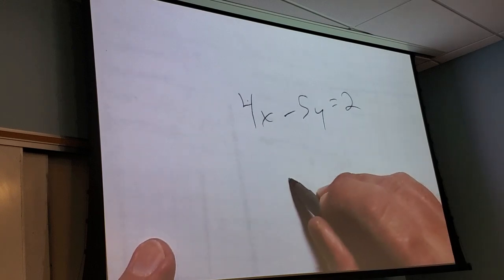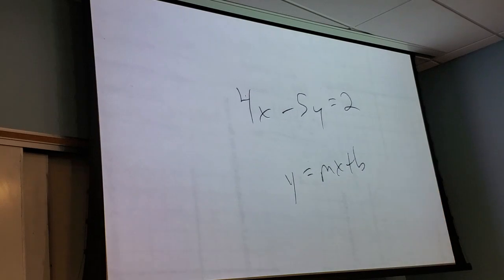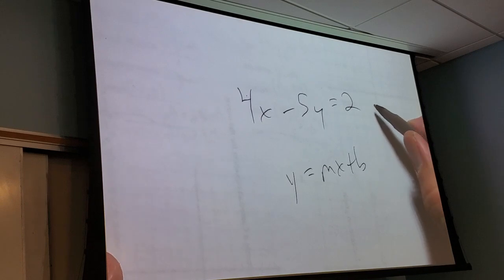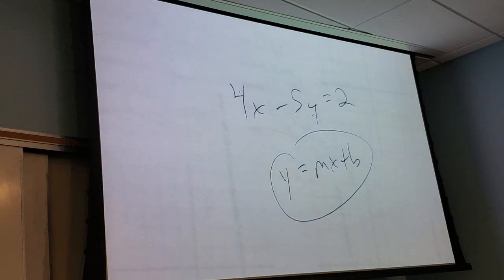What's the form of a line? Is it in that form? Is that in this form? No. So can I tell anything about this at the moment? Nope. What would I have to do to be able to tell something about it? I have to put it in this form to get y by itself. Are you guys with me? We know this. The neat thing about that idea, that if I put something in the right form, things just pop out at me. It holds for so many things.